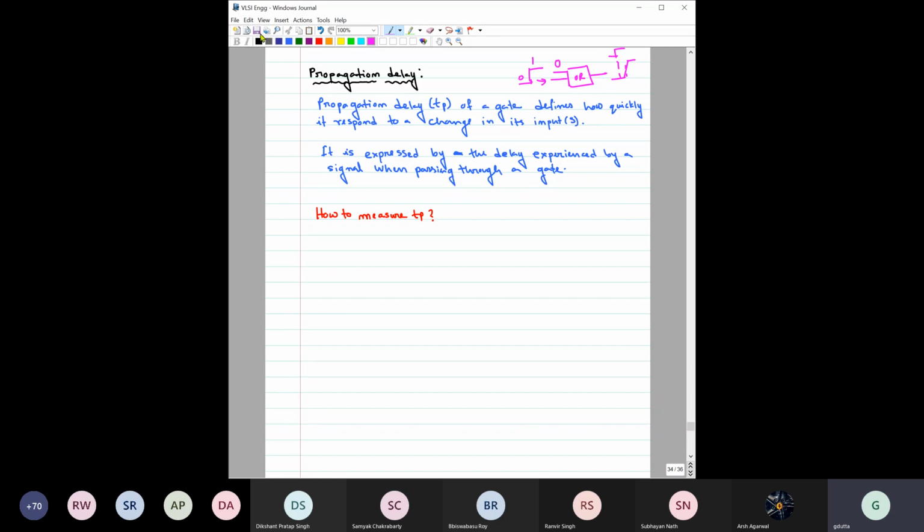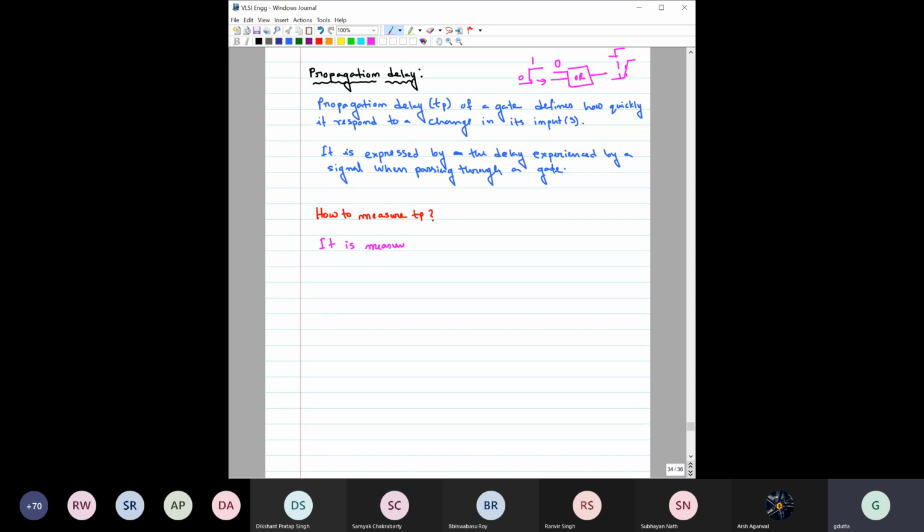Now the important question is how to measure this propagation delay. What we do is take the 50% transition points. This delay is measured between the 50% transition points of the input and output waveforms.